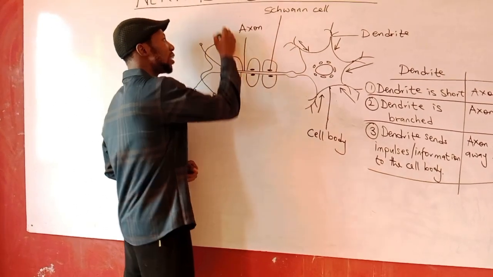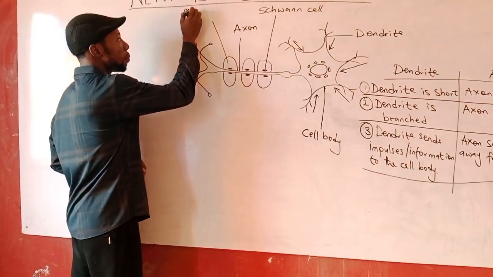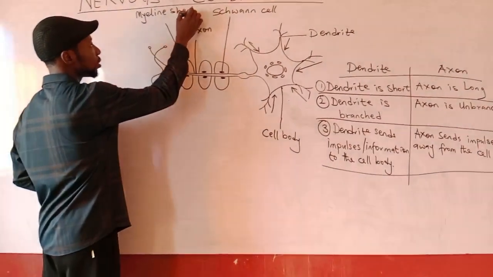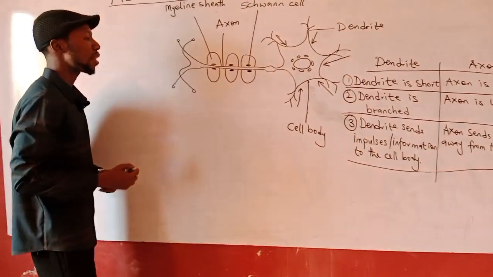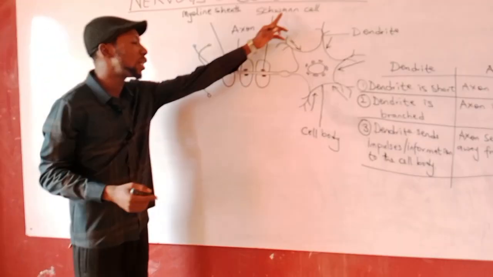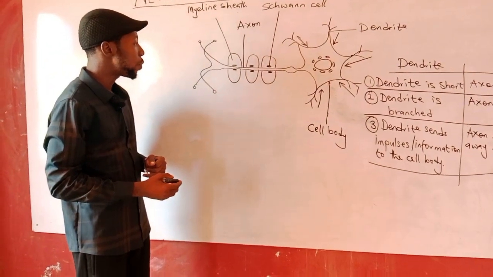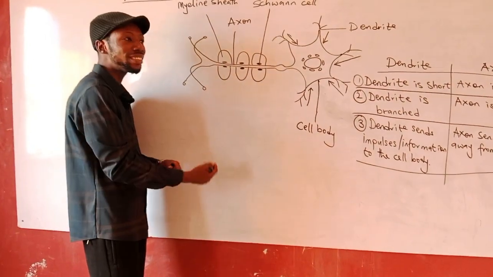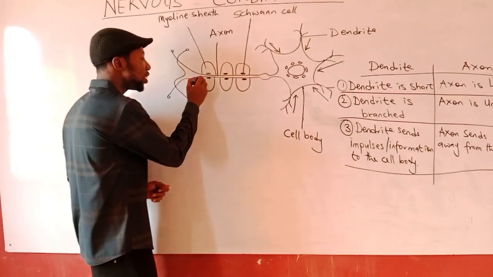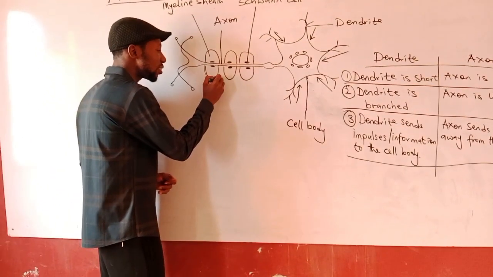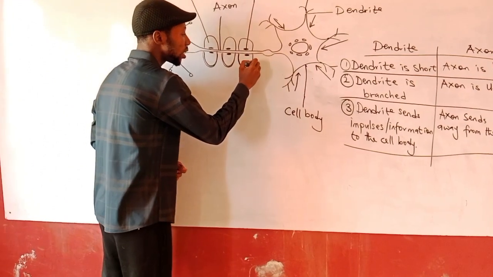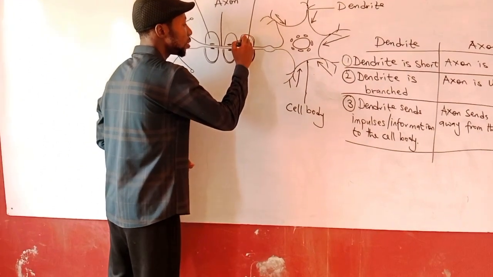This is known as the myelin sheath. Myelin sheath is produced by the Schwann cells. We have a protecting coat of the myelin sheath, like this. This is the protecting coat that surrounds the myelin sheath.